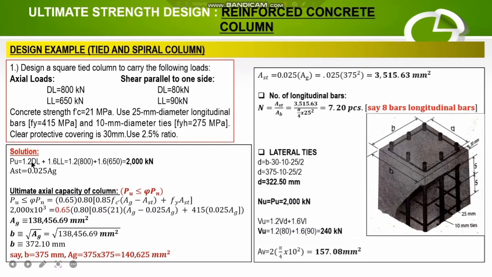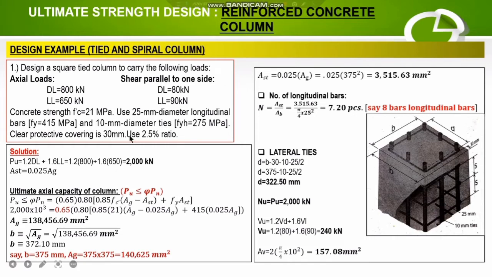So solution, first solve for the ultimate load, or P sub U. Use the combination of 1.2 DL plus 1.6 live loads, since we are given axial loads of these two kinds, the dead load and live load. So plugging in with this equation, we have the ultimate load PU equal to 2000 kilonewtons.